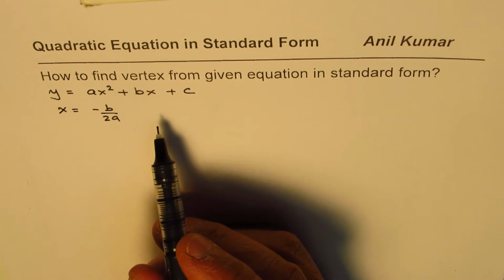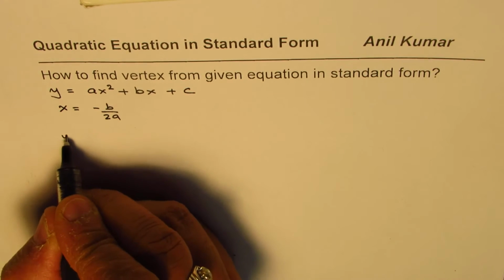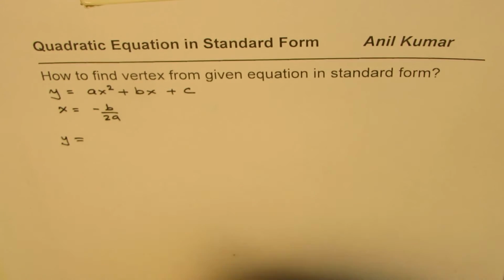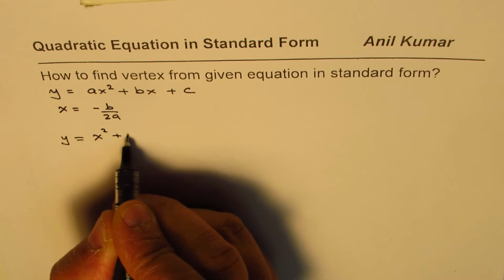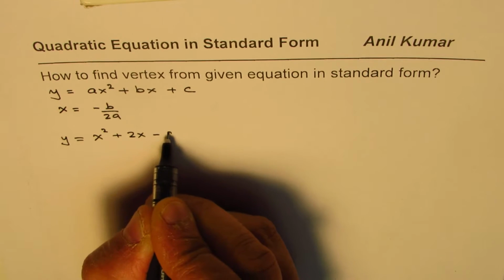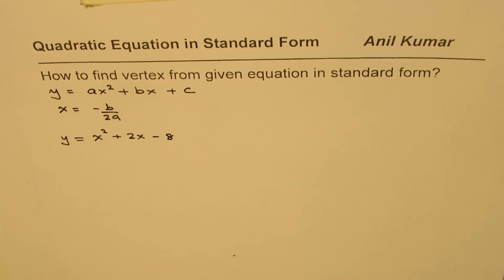So let us take a quadratic function, let's say y equals to. We can also work with the general case, but it becomes too complicated, right? So let's take a simple example. Let us say we have a quadratic function which is x squared plus 2x minus 8 to begin with.